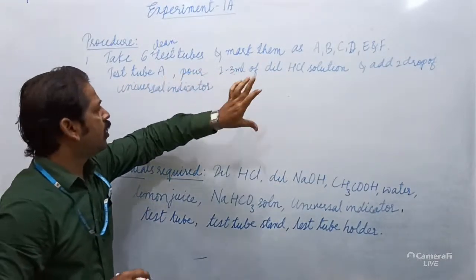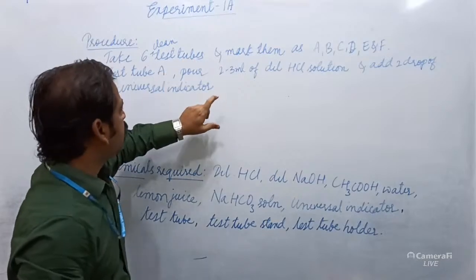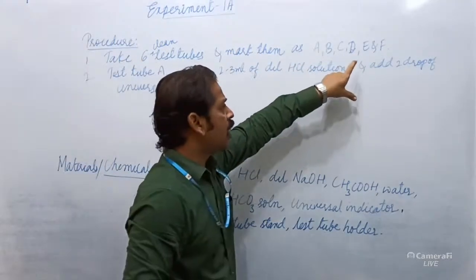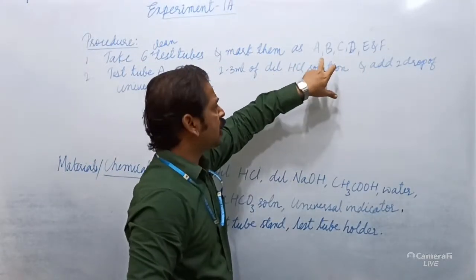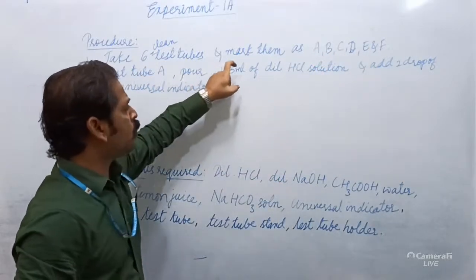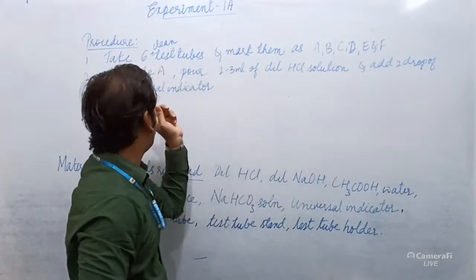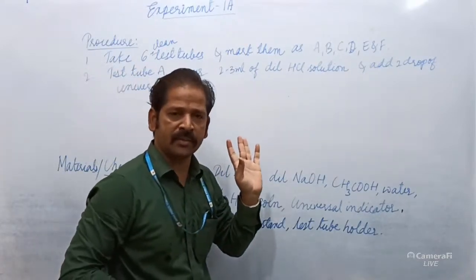It is the first point. Take test tube A, because we have 6 test tubes, A, B, C, D, E and F, all should be clean. Take test tube A, pour 2 to 3 ml of dilute HCl solution and add 2 drops of universal indicator.